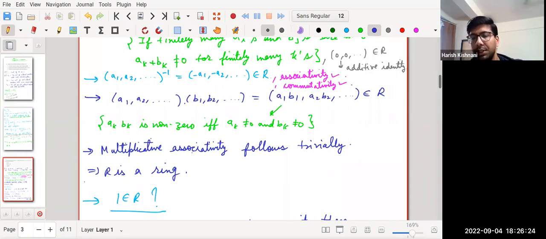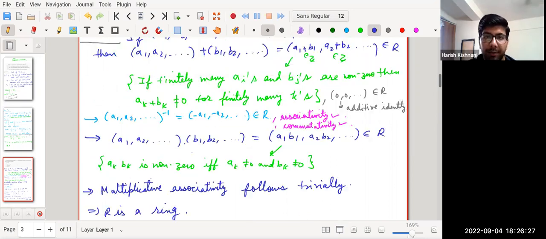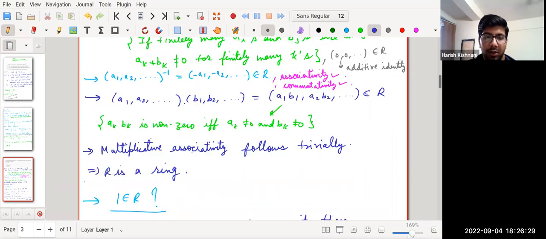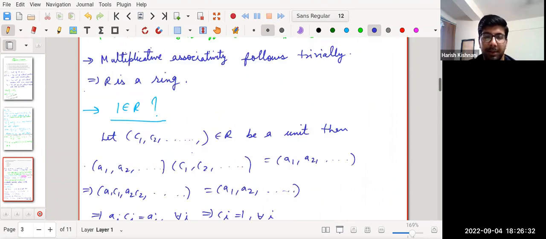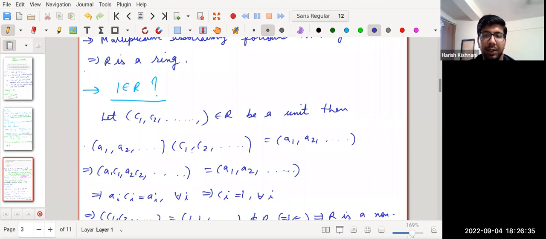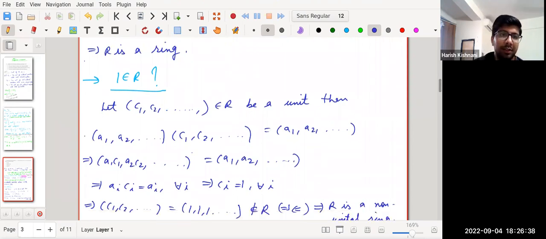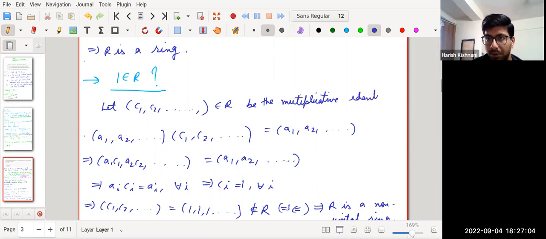Now the question is whether the multiplicative identity is there inside R or not. So let (c1, c2, and so on) be an element of R, which claims to be a multiplicative identity.